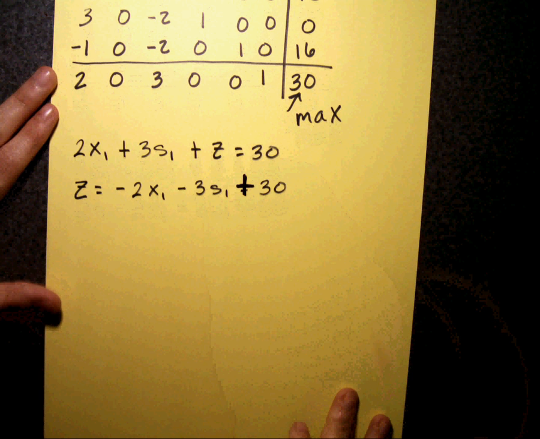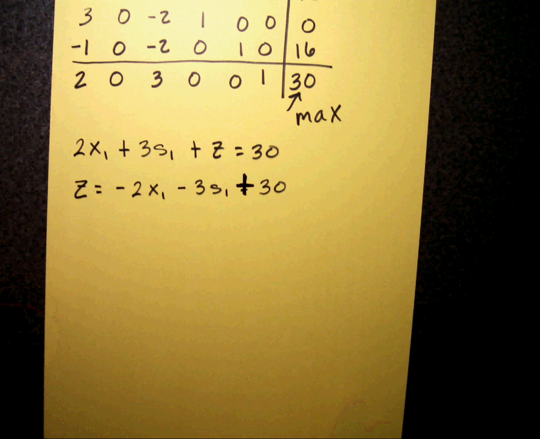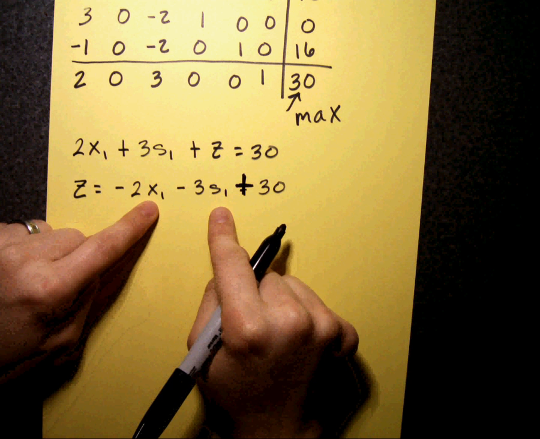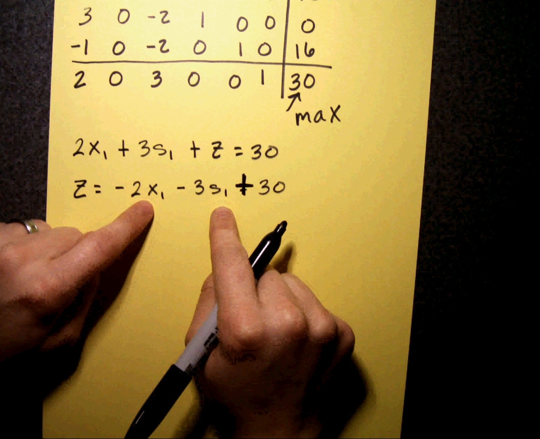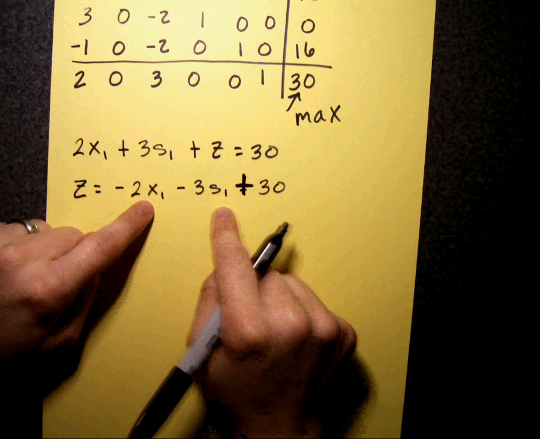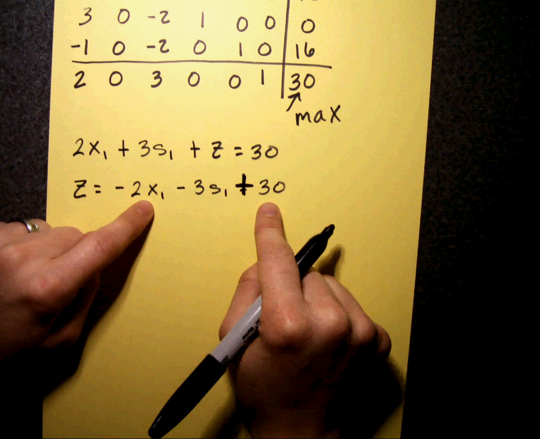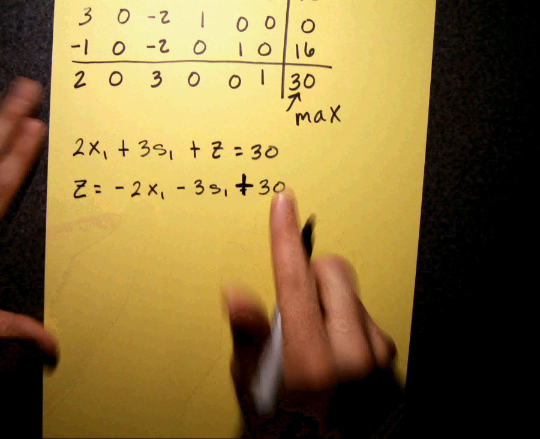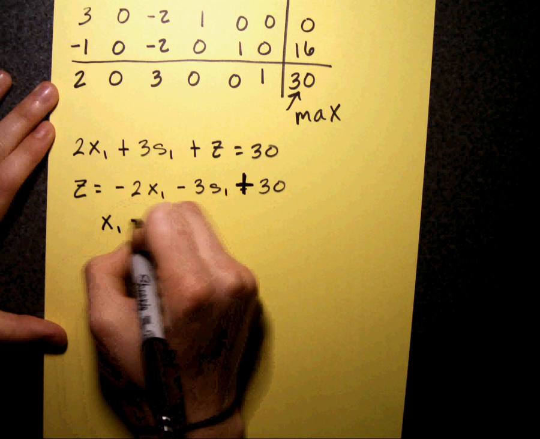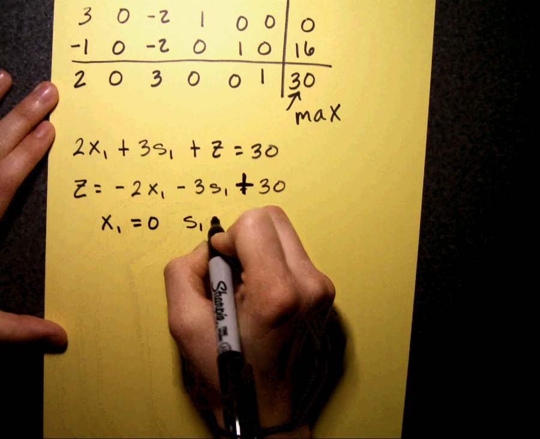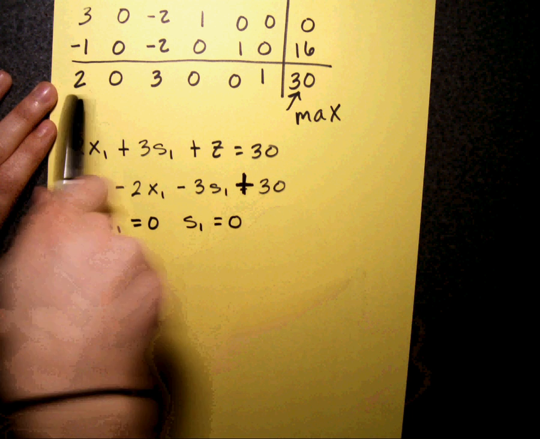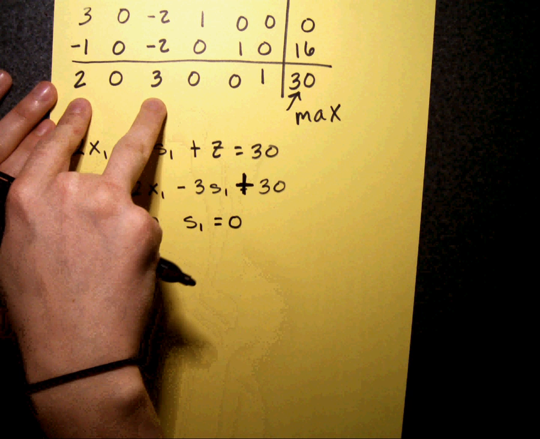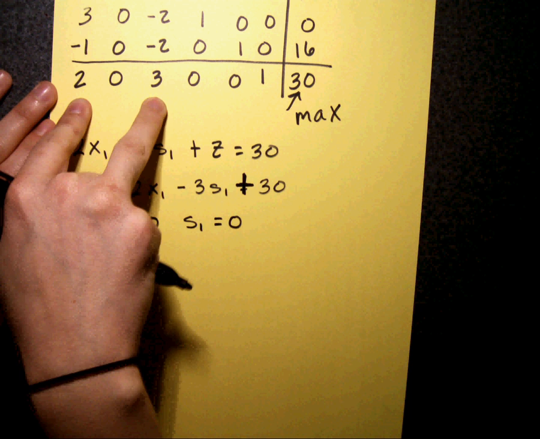And again, we want z to be a maximum value. I know x sub 1 and s sub 1 must be positive. And so if I allow them to be anything other than 0, it will decrease my value of z. So x sub 1 and s sub 1 just must be 0. And that'll be true every time we find a maximum of the other variables in the last row. Whatever's down there, we automatically know is 0.